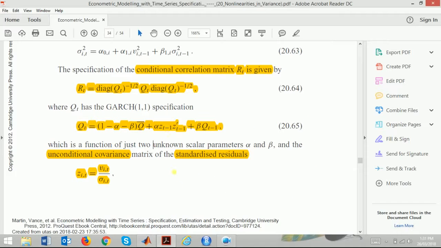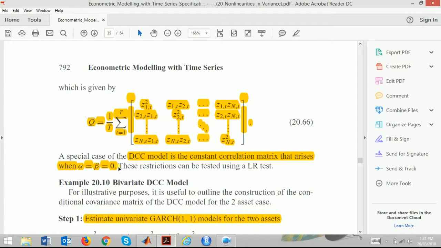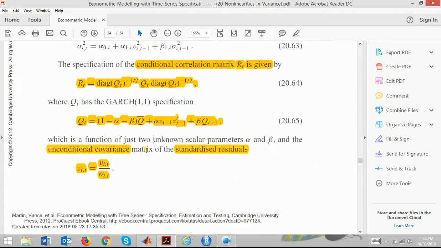You take all the standardized residuals and you basically make a matrix out of these standardized residuals, kind of like a variance decomposition matrix. All right, now that makes sense, right? It's a variance decomposition matrix of standardized residuals that gives you Q hat.